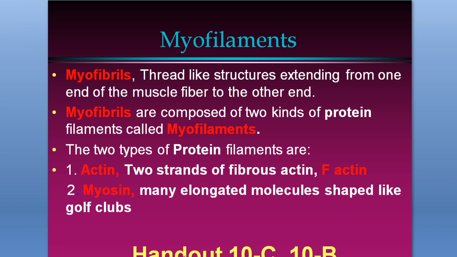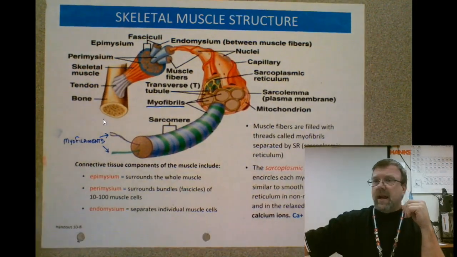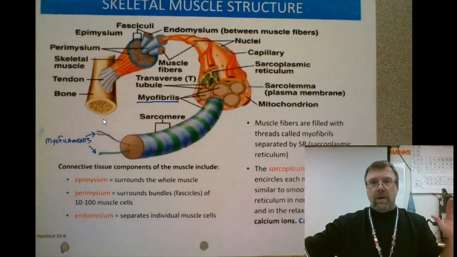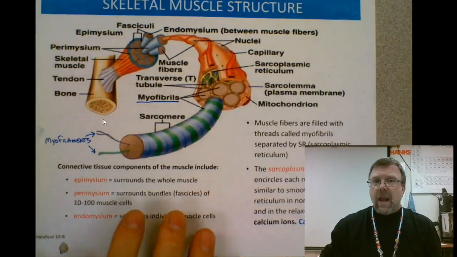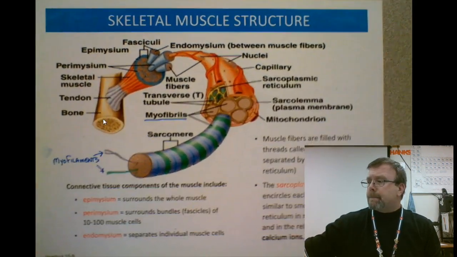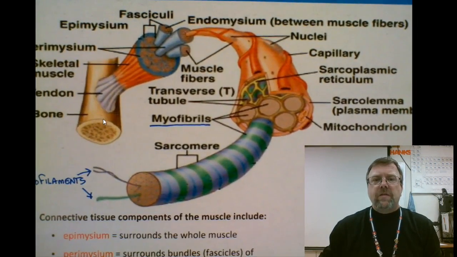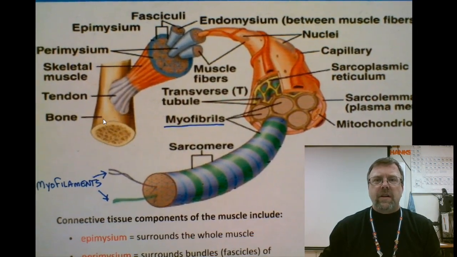So let's go to a handout. We'll go to handout 10B, and here it is, handout 10B with my picture, and we're going to go over the muscle structure. So first of all, let's look at this picture here.